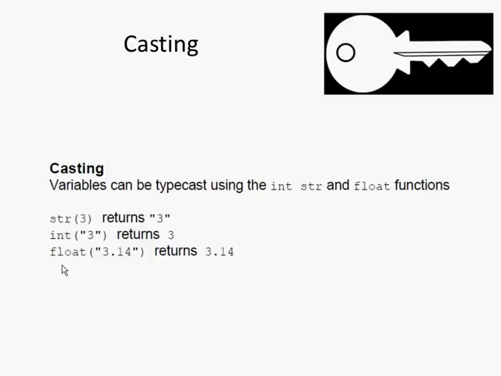And then there'd be the float command to convert some text into the numeric value of 3.14. Now, some of these casting commands differ from what you see on the screen at the moment to what's in VB.net, but you can have a play around with those for yourself.